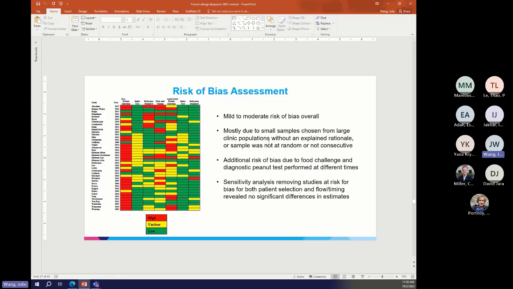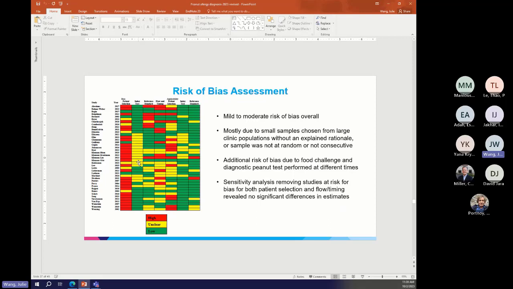So I had mentioned that under the GRADE framework, we have to look at the data and determine the quality of the evidence. And part of the assessment is risk of bias. So study limitations: every study is designed differently and has different limitations. And we see that overall, a lot of the studies that were identified and incorporated into the assessment for this practice parameter fell into the mild green or moderate risk of bias yellow.